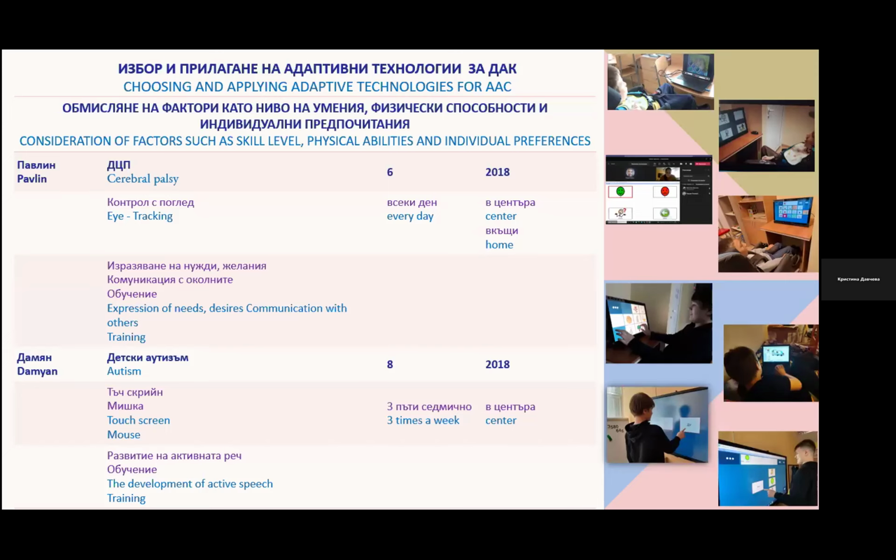With Damian, his diagnosis of child autism, the first assessment identified difficulties in processing verbal information and the functions which made it hard for him to implement instructions and to participate in group work. We established deficits in the working memory, attention, language skills, and social inclusion.